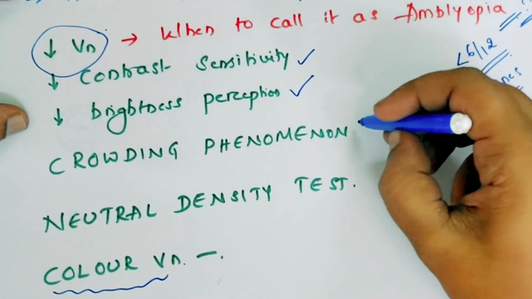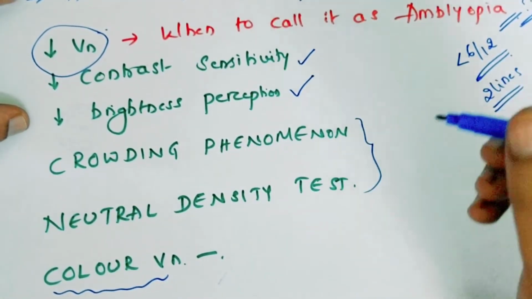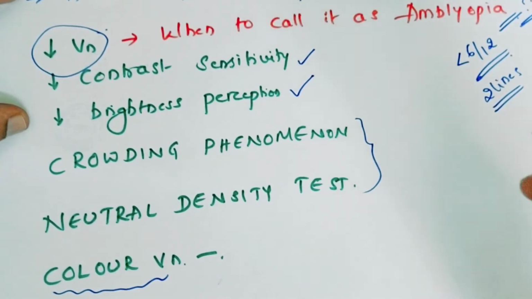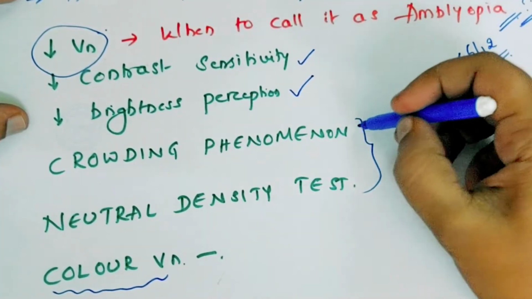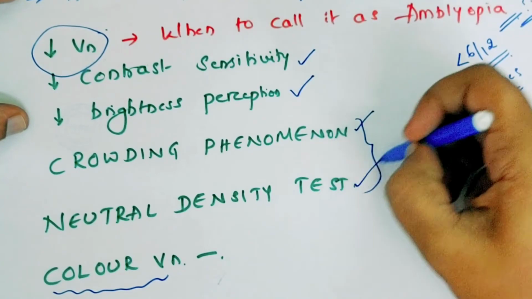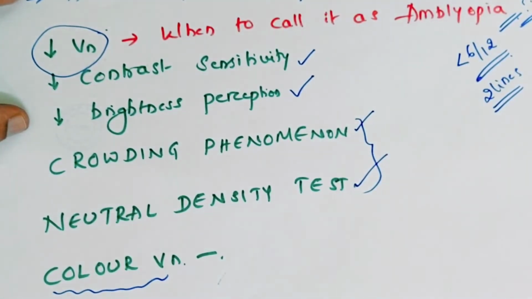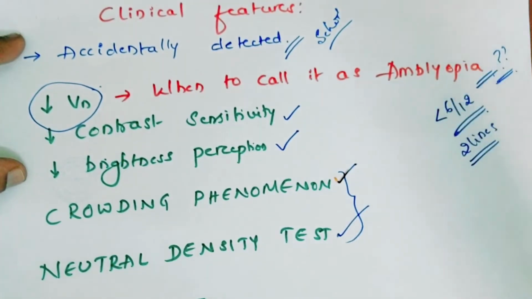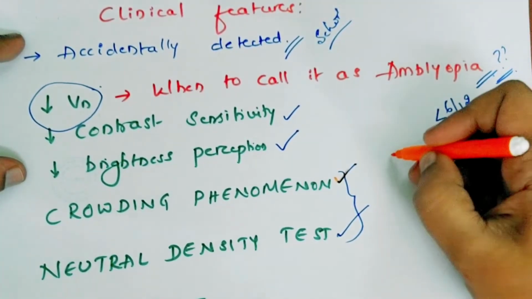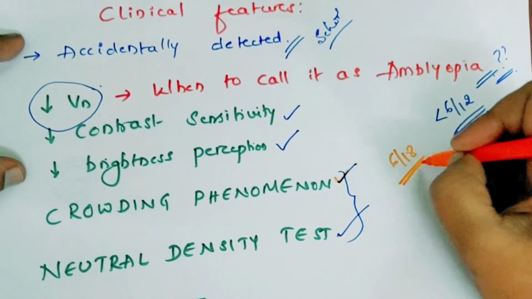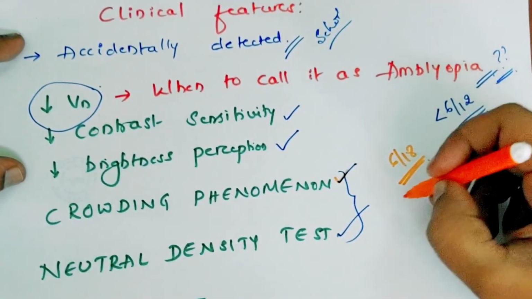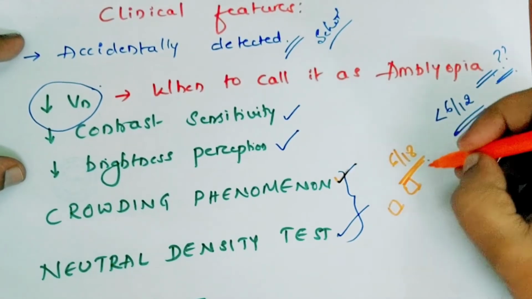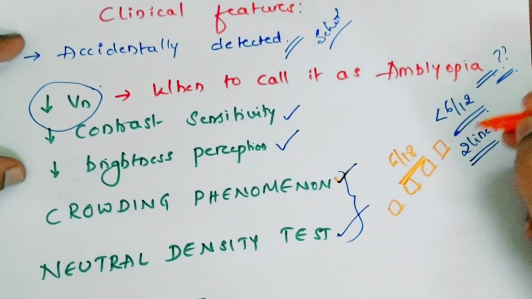There are two important things which you must mention when you write theory exams related to amblyopia and when you check the patient. That is the crowding phenomenon as well as the neutral density filter. So what is the crowding phenomenon? If you ask the patient to read, say, the 6/18 line of the Snellen's chart, the patient will not be able to appreciate the letters in that line.